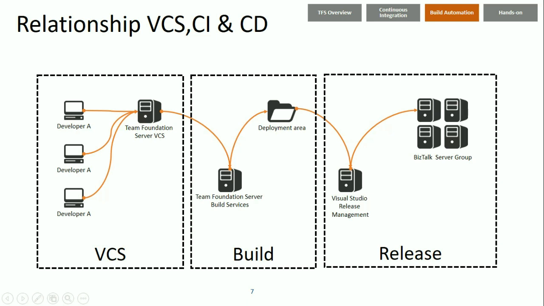That build is like compiling the code or making it a composite module and putting it into a place. Once that is done, then CD, continuous deployment, comes, which we can cover in the next section. It will take it from the server space to the respective application or web server for that particular environment.